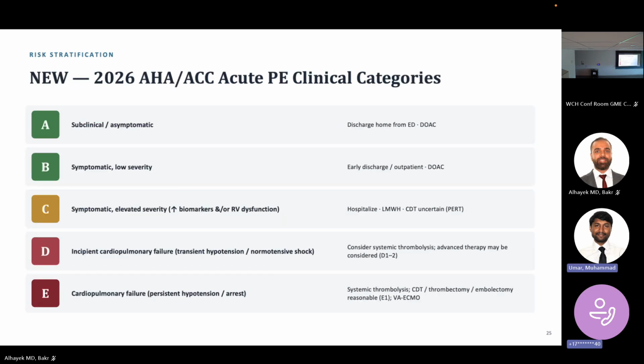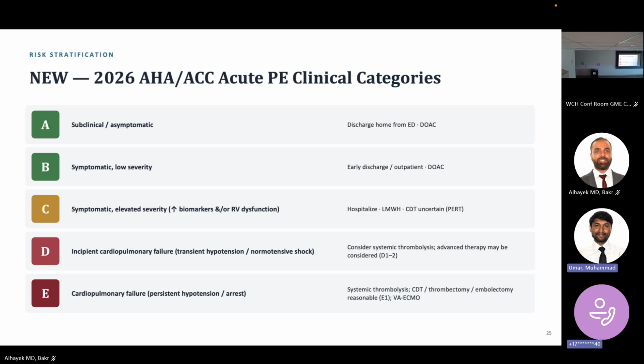Okay, so now we have the acute PE clinical categories, which is the most recent one. We just make everything complicated. A and B you don't really care about because they're subclinical, asymptomatic, sometimes symptomatic, but very low risk. So we only care about the sick ones, who are C, D, and E. And of course, we have stage A, B, C, D in cardiology, heart failure. You have NYHA. Then you will have C1, C2, C3.